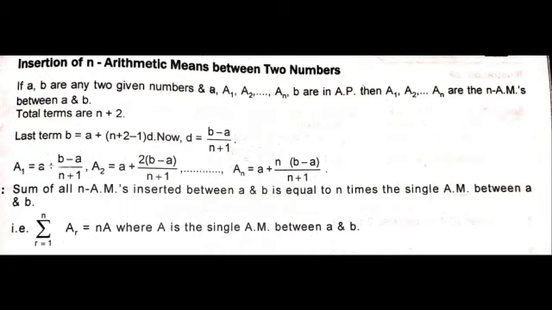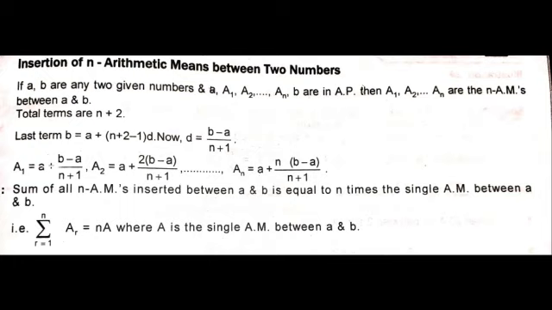Since the last term here is B, using the formula of the nth term of an AP, we can write B is equal to A plus (n plus 2 minus 1) into D, which gives the common difference D equal to (B minus A) divided by (n plus 1).